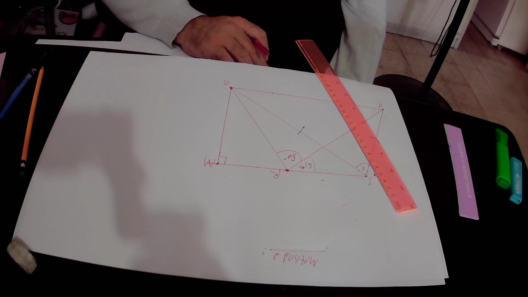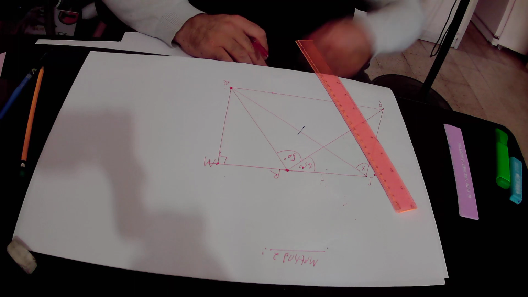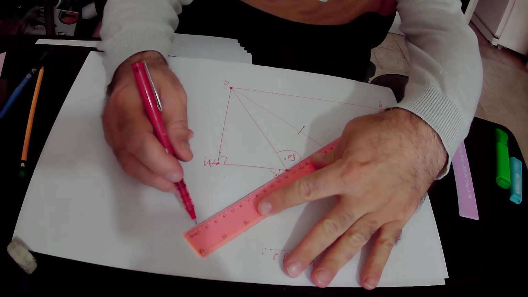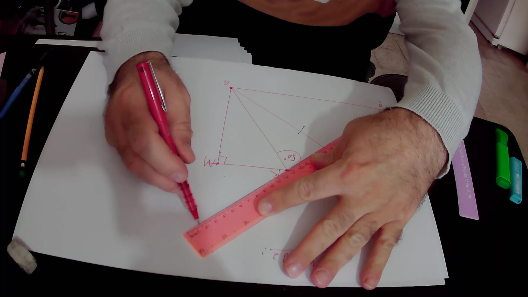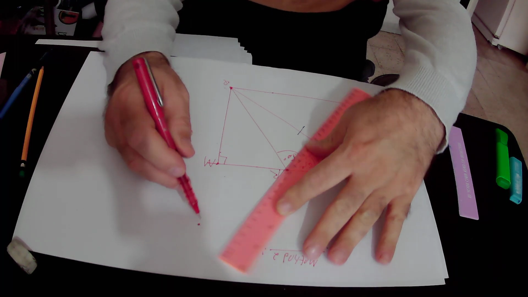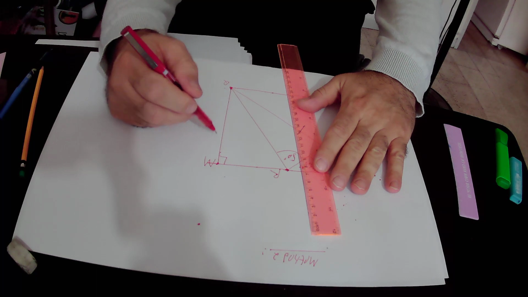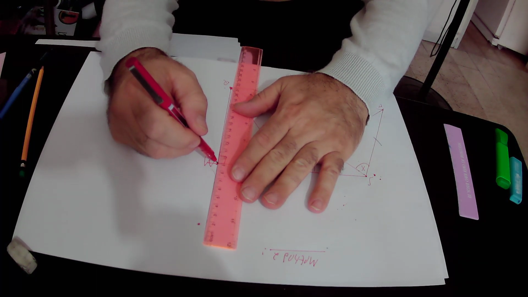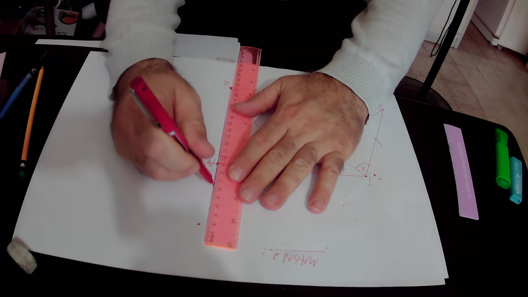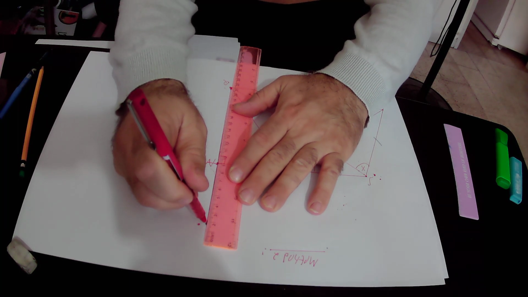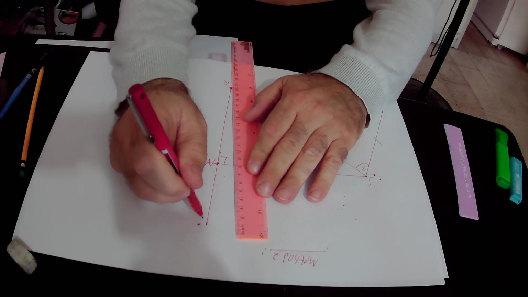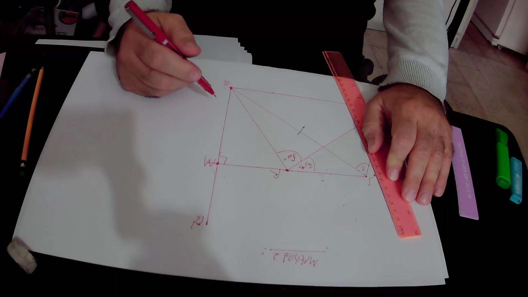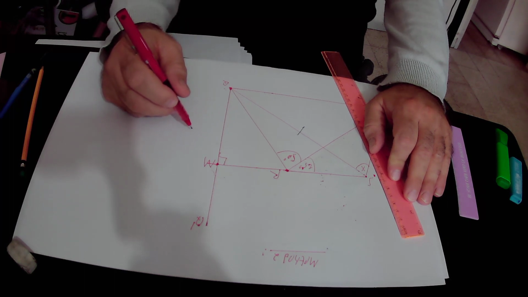Then we will extend QM in such a way that here Q dash M will be equal to QM.